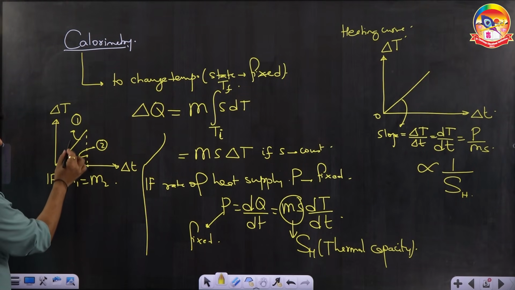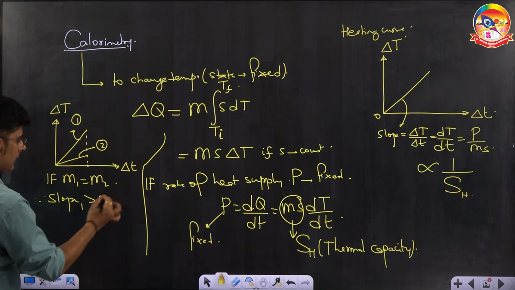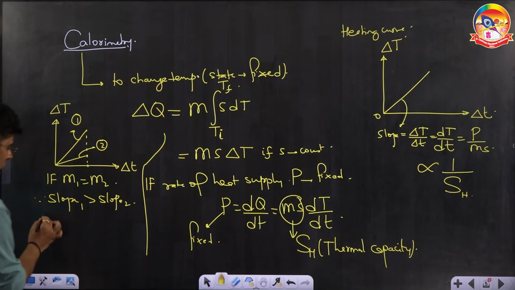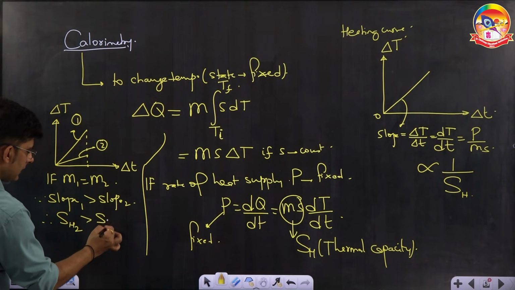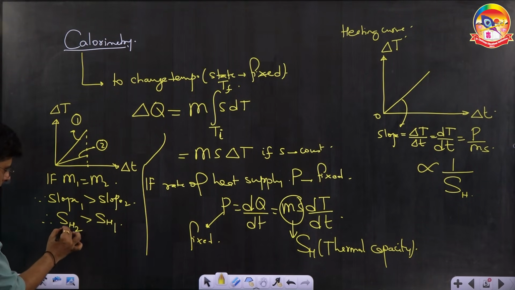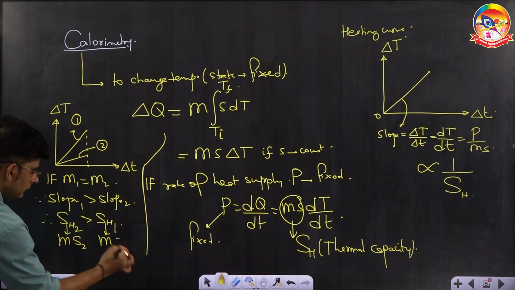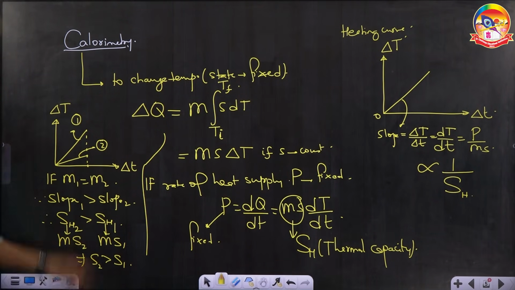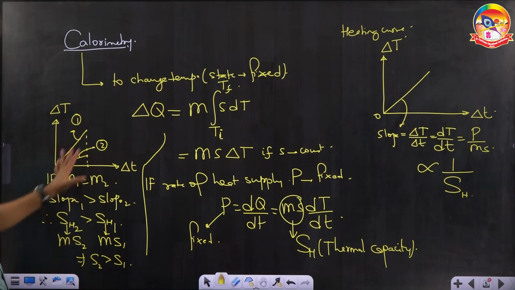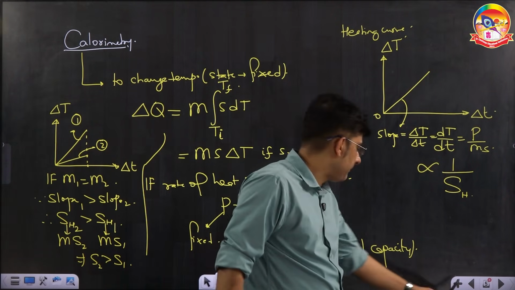So what we can see, which one has more slope? Slope of 1 is greater than slope of 2. So thermal capacity of 2 will be greater than thermal capacity of 1. Thermal capacity is m into specific heat, so mass is same. So from here specific heat capacity will be more whose slope is less. So this type of questions be aware of. So this is when we are changing the temperature.